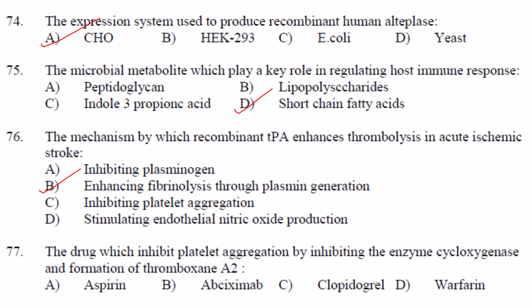So when there is a block in the production of prostaglandin, there is a reduction in thromboxane A2. When there is reduction in thromboxane A2, there will be a decrease in platelet aggregation and vasoconstriction. Okay. So the answer here is option A, that is aspirin.